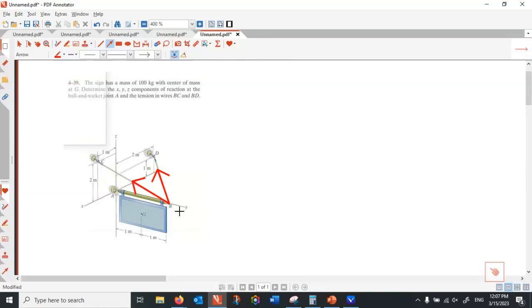So I have to release this from the cables. The cables are developing forces. I call this FBD, and this one I call FBC. And what forces should be included? This is a socket. In the socket, you have AX, AY, AZ.